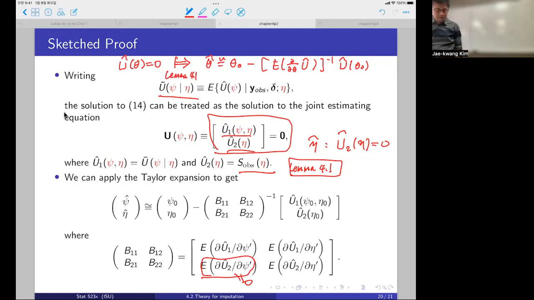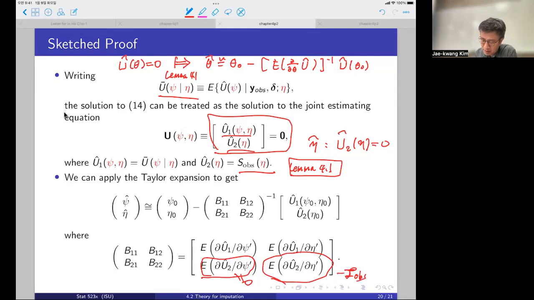So you have at least some 0. And this one is 1. This is the partial derivative of the score function's expectation, which is the information, right? So that is the information, obvious, and minus, I guess.